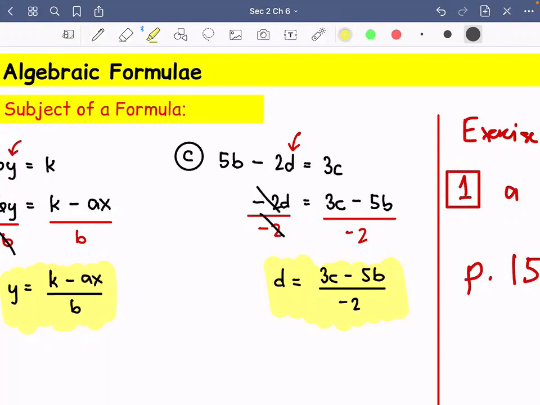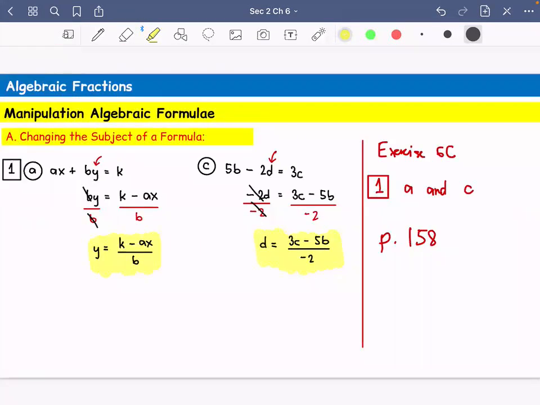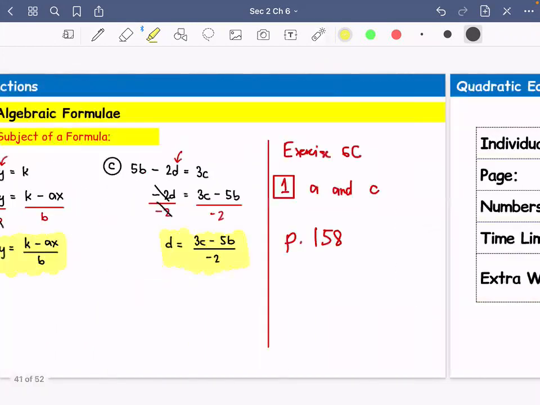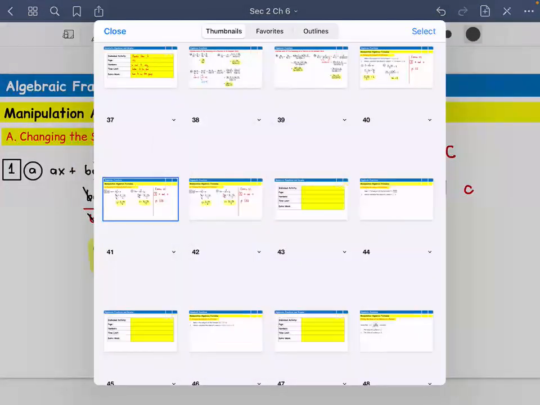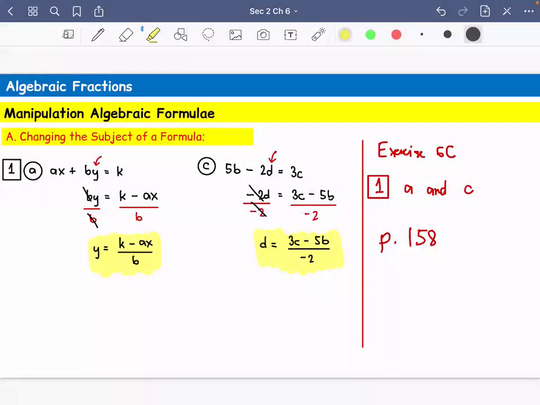Okay, do you have any question, class? None? Okay, now let's have a different kind of formula to make. Now let's go to number 2. I'll get my examples from page 158.